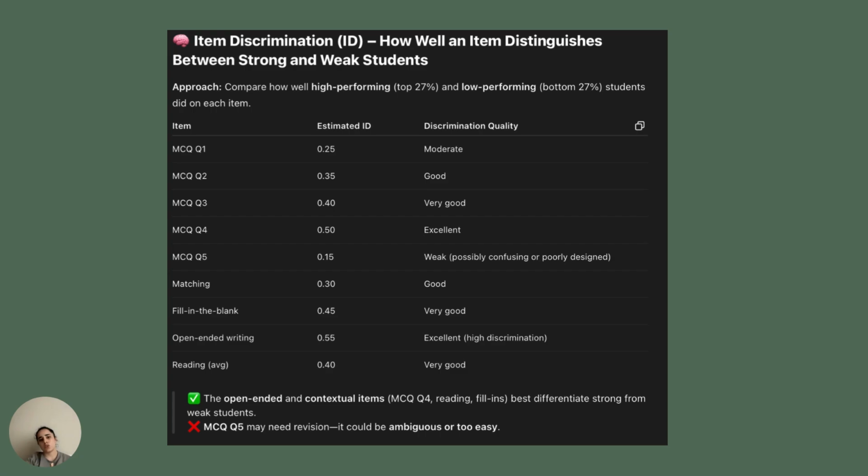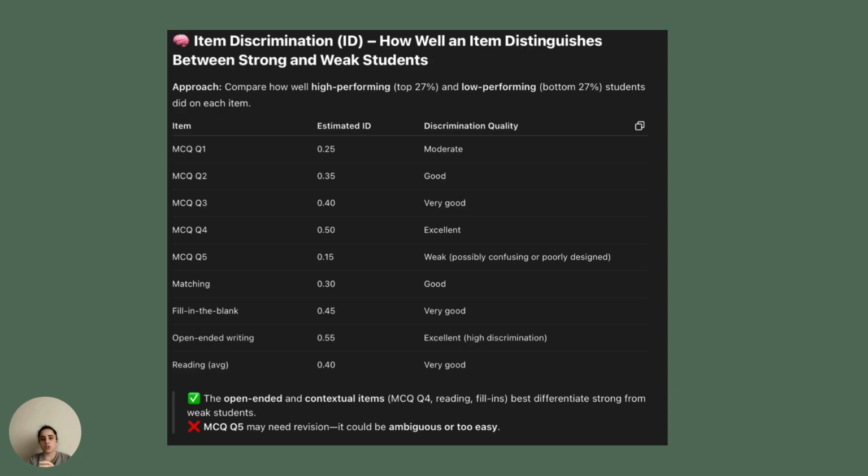For this question, we can say that maybe students found the question very confusing, or it was ambiguous. That's why they didn't get it, and it wasn't a good item, because the main aim of this question should be that the student who knows it really answers it. But if you don't know, you cannot answer.